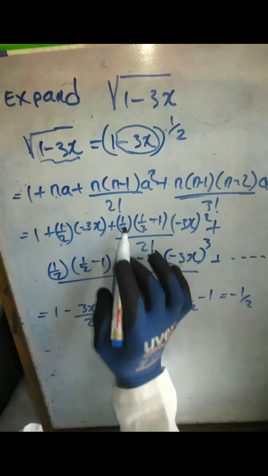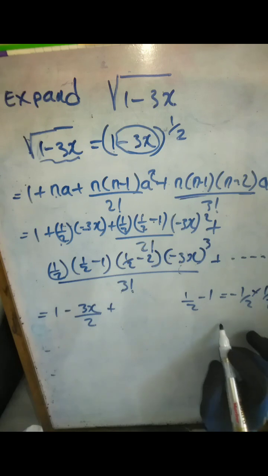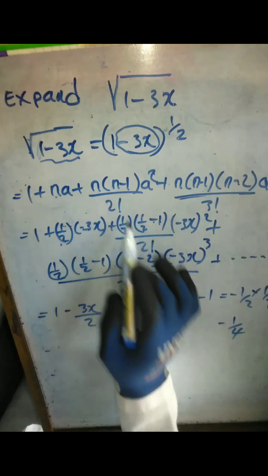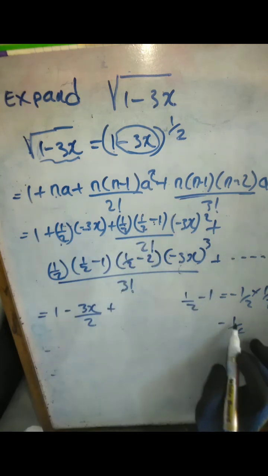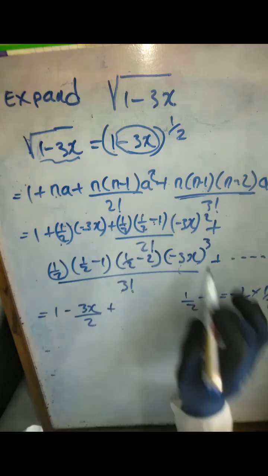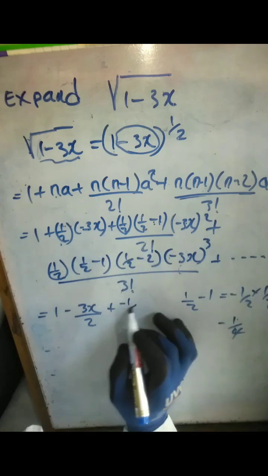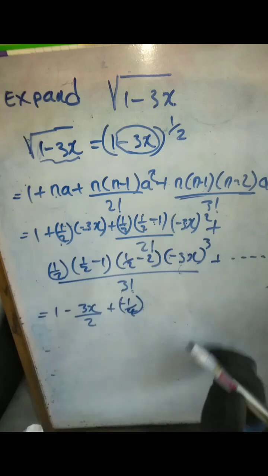So negative half again multiplied by positive half gives us negative 1 over 4. So here on top, this times that, we're going to get negative 1 over 4. Sorry, we're going to have negative 1 over 4.